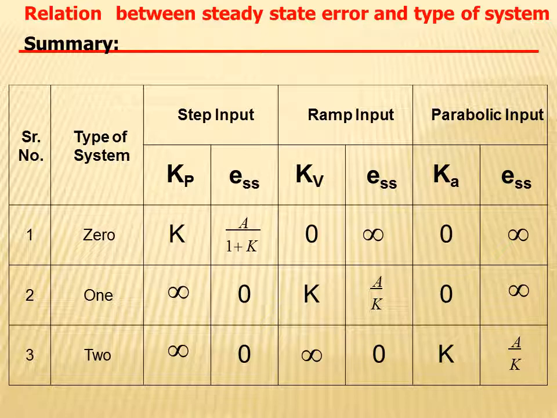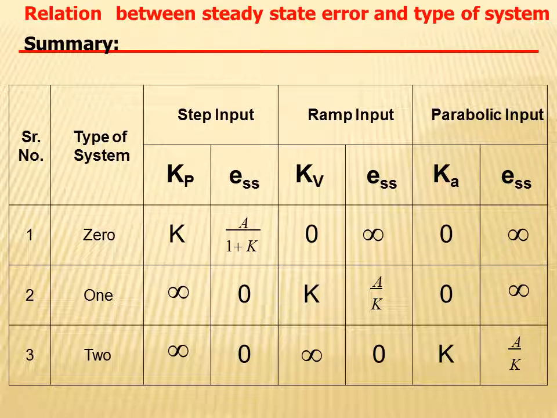Now we will summarize whatever we have learned. We have seen the relation between steady state error and type of system. We have taken the type of system as 0, 1 and 2 and for each type of system we observed the steady state error for step input, ramp input and parabolic input.